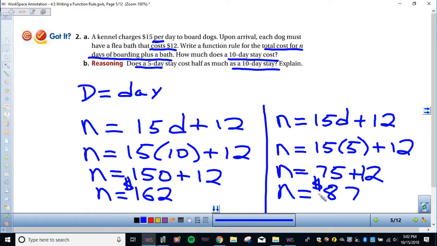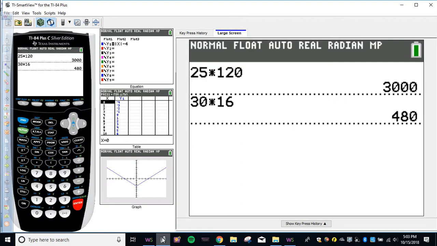So they asked us, does a 5-day stay cost half as much as a 10-day stay? So if we do $162 divided by $87, we can determine if it costs half as much. So it costs a little less than half as much.